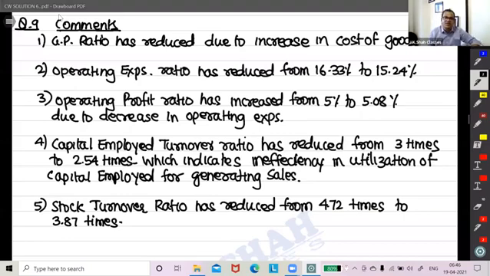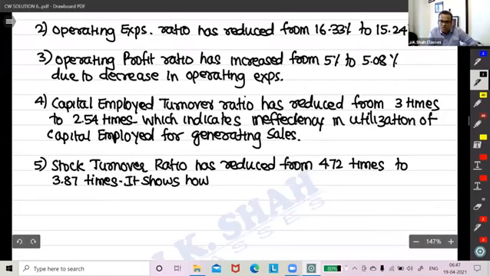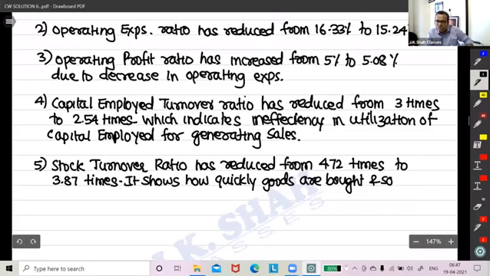We have written the ratio, but then write that thing also. This is how it happens. It shows how quickly goods are bought and sold.